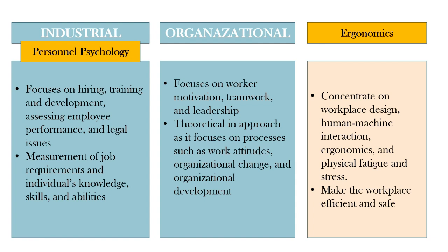The swivel chair, is it ergonomically correct? Are you able to work well with your setup, the setup of your computer, the setup of your table, the setup of your chair, and things like that? Okay, so these are the three areas of IO psychology.